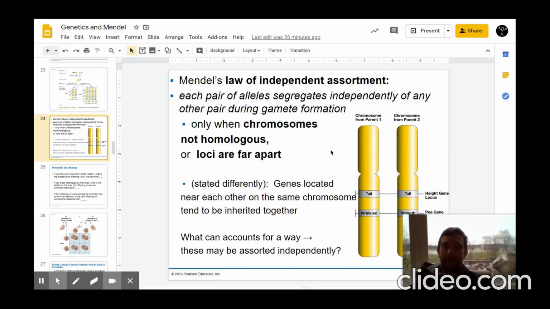And if we are talking about traits that are on the same chromosome, we can have their loci being far enough apart to make them assort independently only if what event happens during prophase 1 of meiosis 1? Good job.